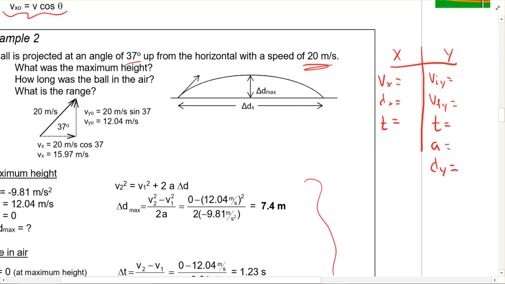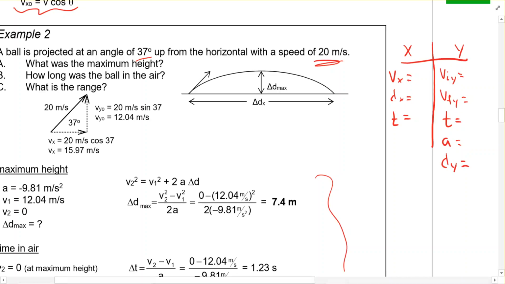As of right now, I don't know my vx, right? Because this 20 meters per second was on the angle. So what I got to do first is split that angle up into its x and y components, and that's what was done over here. So vx, you go 20 meters per second times cosine of the angle, using your trig identities. Vx is 15.97 meters per second. That's going to be constant throughout the entire trip, right?